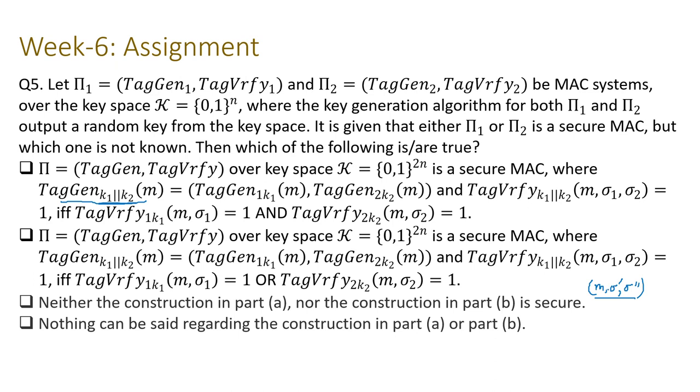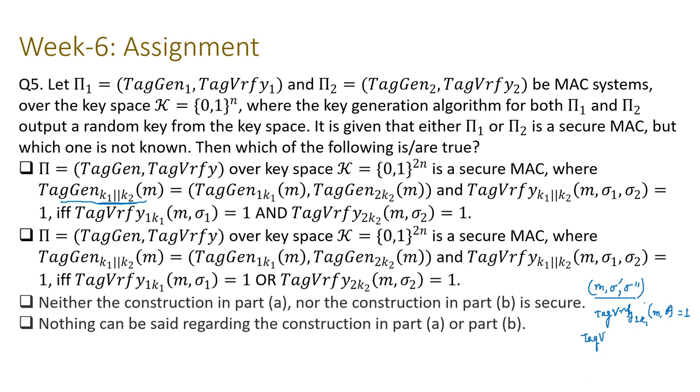Now if pi1 is not a secure MAC, then this part, that tag verify 1 k1 m sigma dash is 1 with high probability, because m sigma dash can be obtained as a valid message tag pair for the scheme pi1, because pi1 is not a secure MAC.